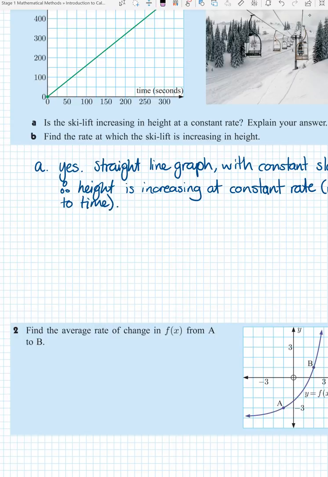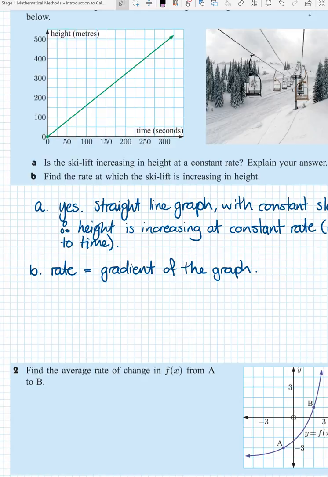So what is the rate at which the ski lift is increasing in height? The rate is equal to the gradient of the graph. So we'll find 2 points on the graph. So if we have a look at the graph here, we can see that there's a point here, which is 250, 400.